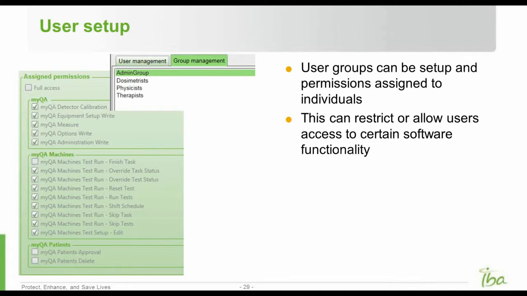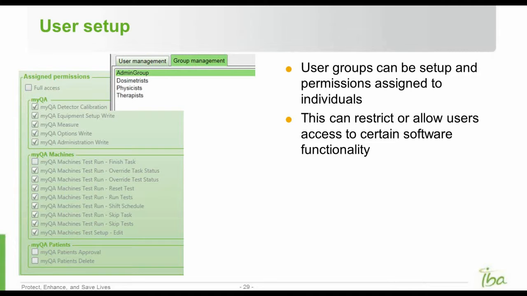Here, you've got your user setup. This is a little different than the older versions of the OmniPro software. You can set up different groups of people and assign certain permissions to different groups, and you can assign individual users their own logins.